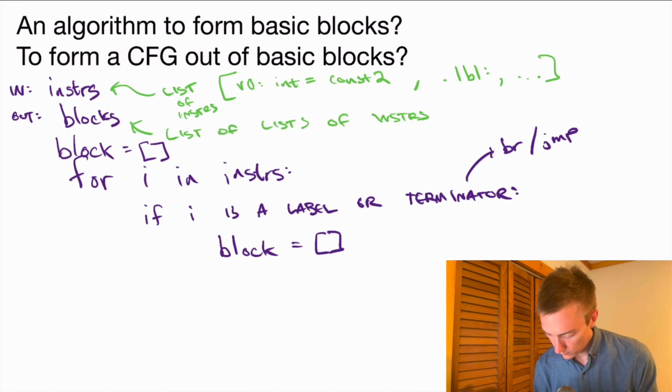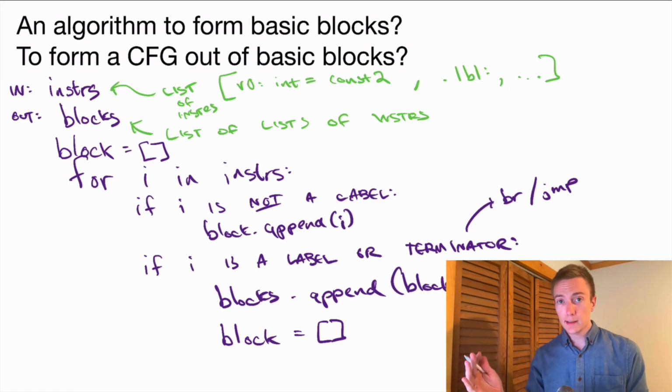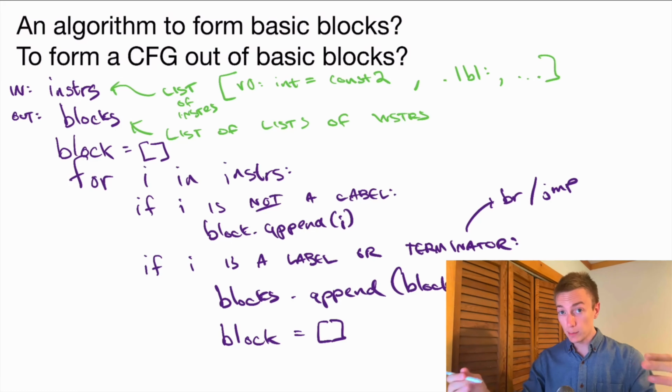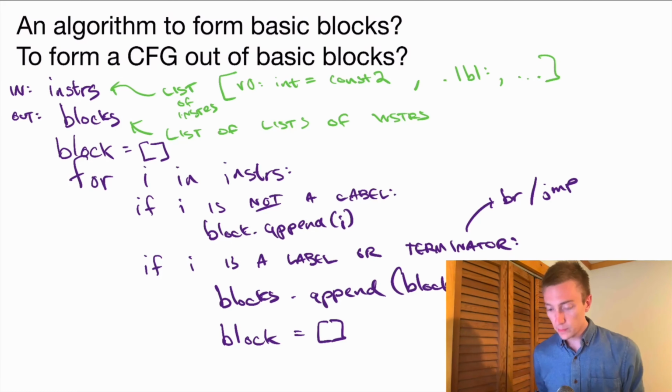So I'll just say in Python style, block.append(i). So the way that works is that everything, including terminators, is going to go at the end of the currently being formed block, and also, if it was a terminator, or if we saw a label, then we'll end that block there and start a new one afresh. So that's the algorithm for forming basic blocks. I hope you got the same thing as I did.